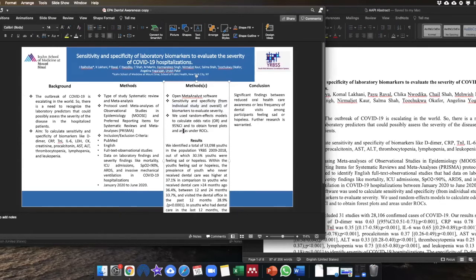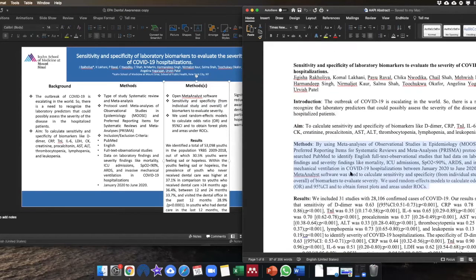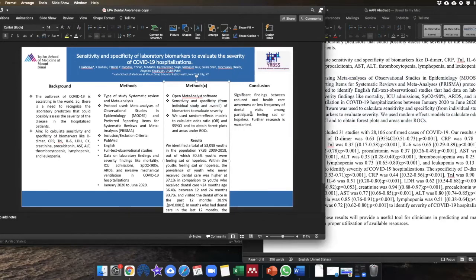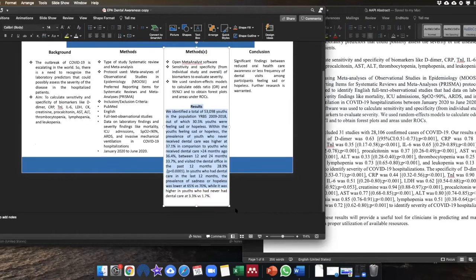So this is the way you simply make the method, and then you can copy and paste similarly the result. You can copy and paste similarly to the conclusion. So right now we are just removing this part.